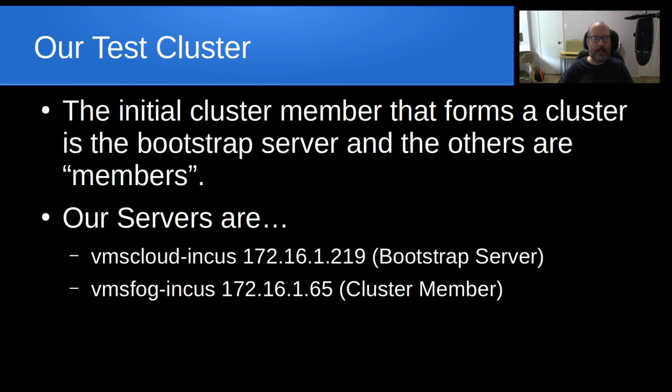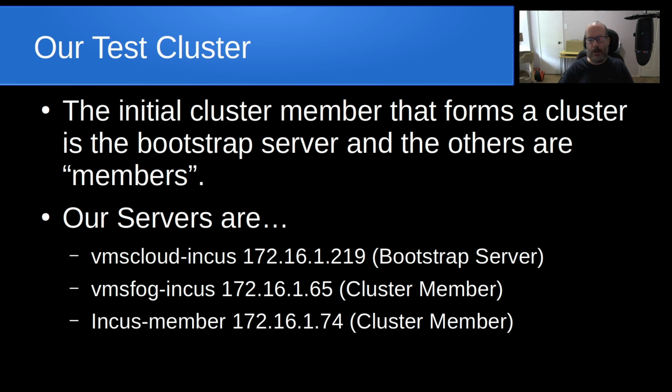In fact, they need to be lost. The third system we have here, I'm just calling Incus-member, and I have Incus installed on it, but I've never done an Incus admin init, so it is an unconfigured Incus server.